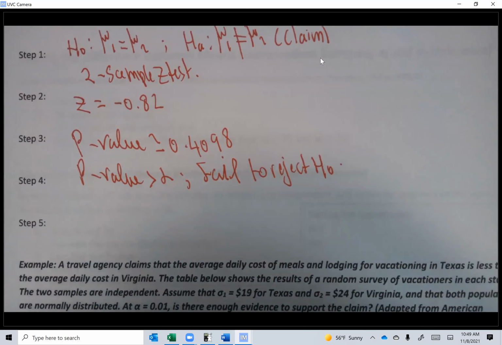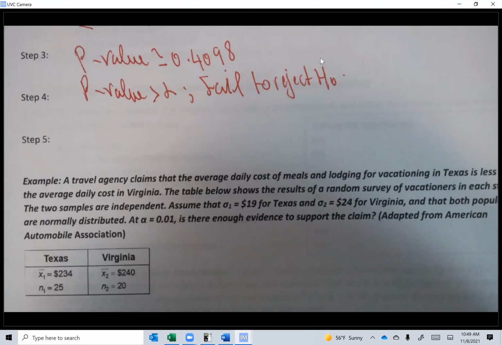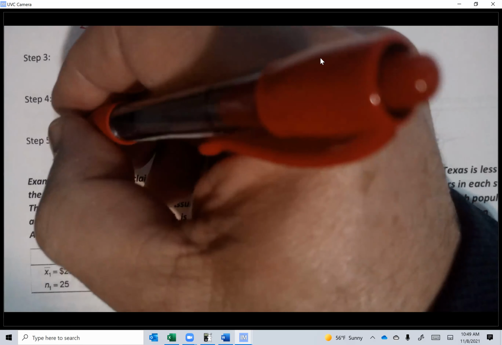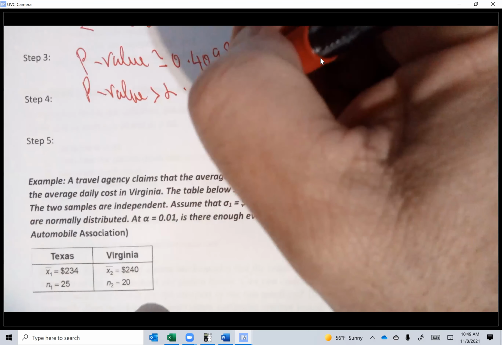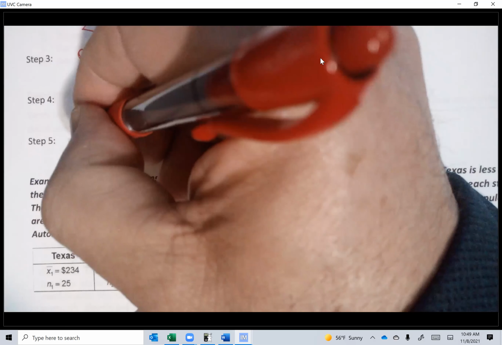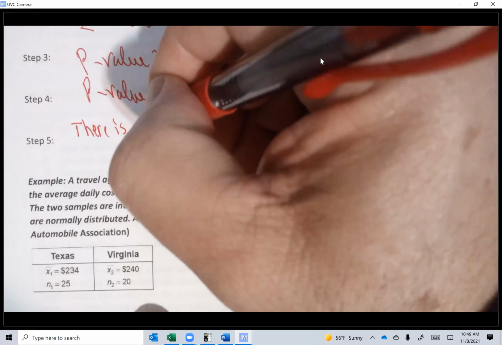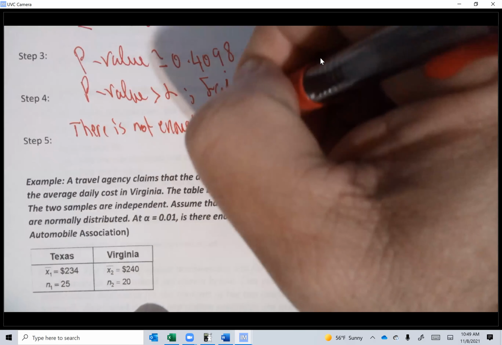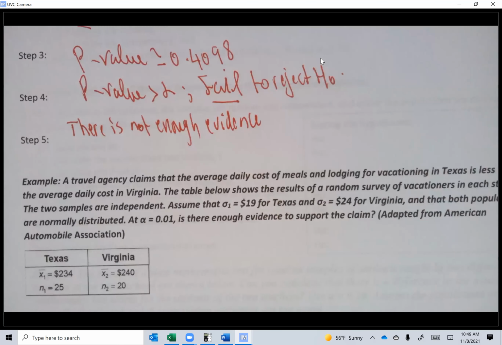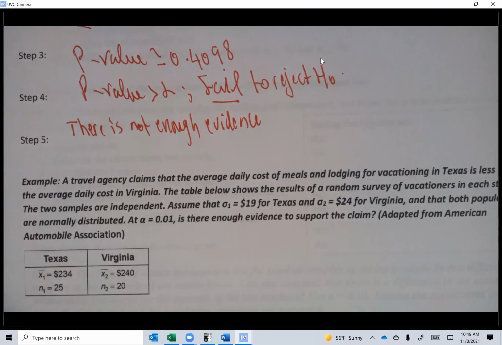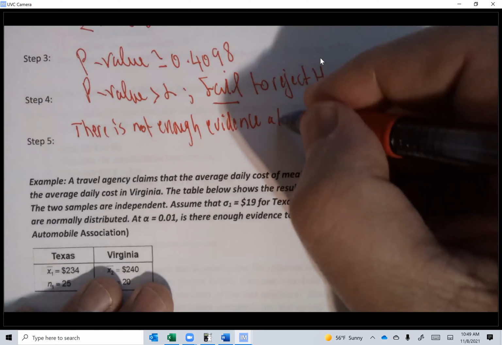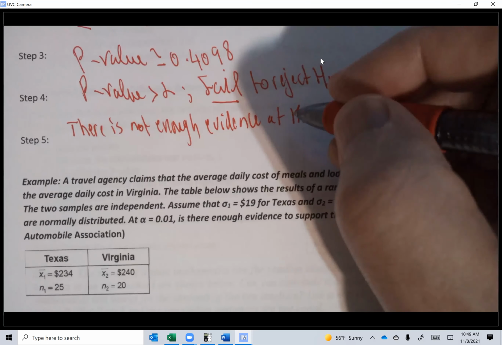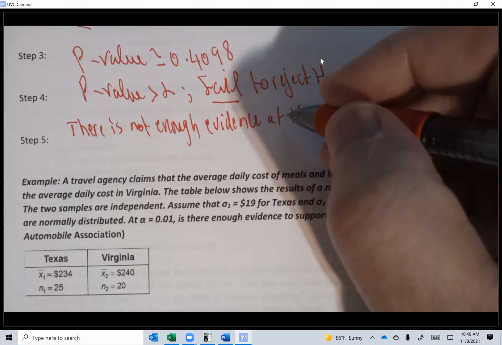Okay, guys, and now the conclusion. There is not enough evidence at, let me find what alpha was, 0.05.